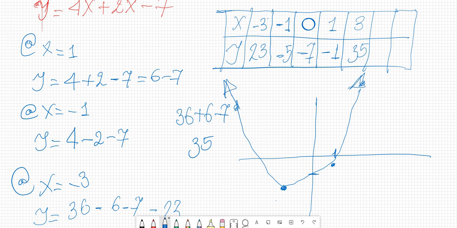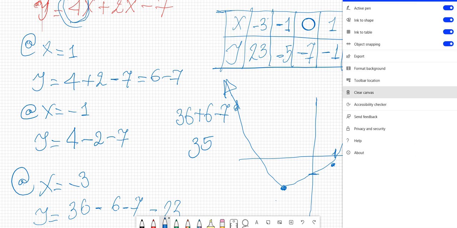So here, as we notice, it looks like a U and opens up because the coefficient of x squared is positive 4. Okay, so now we can have another example, when the coefficient of x squared is negative.